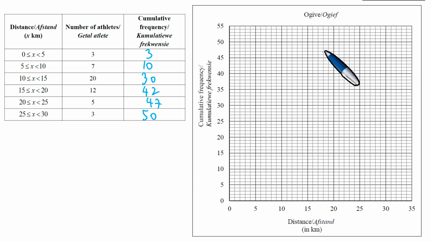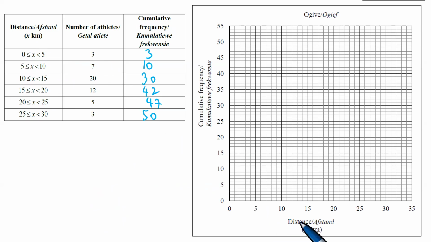So looking at the ogive now, we're going to mark it. The distance starts from 0, between 0 and 5. 0 is included, so it can potentially be 0. Between 0 and 5, the number of athletes is exactly 3.